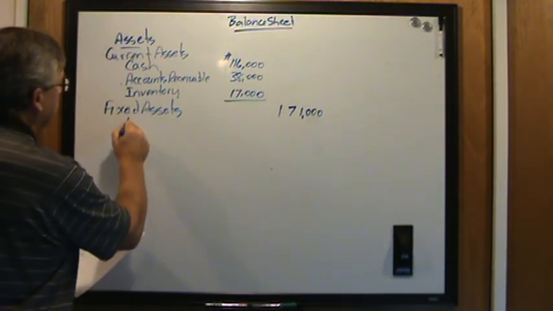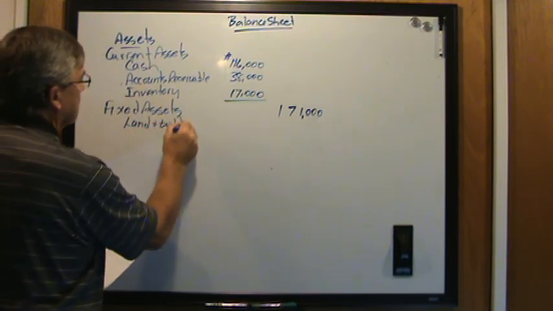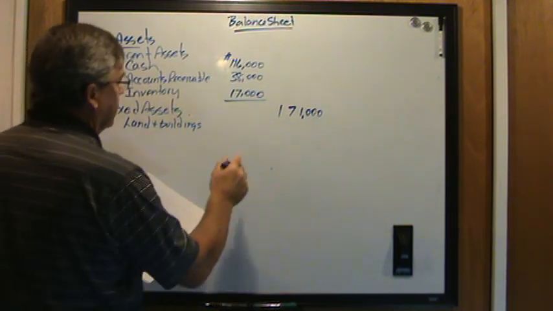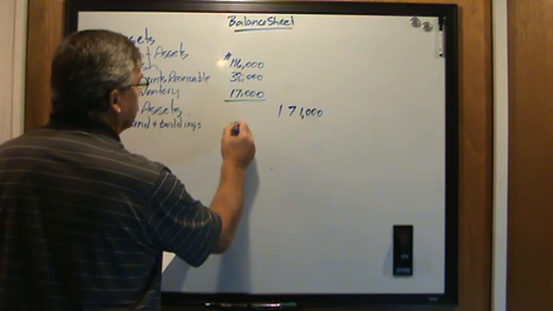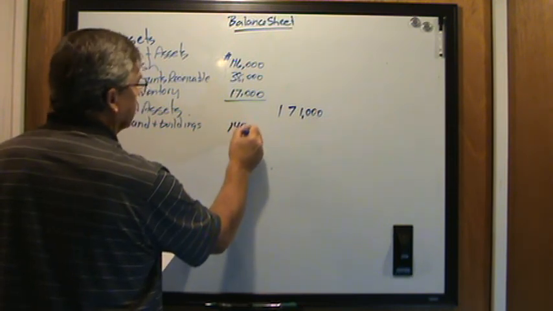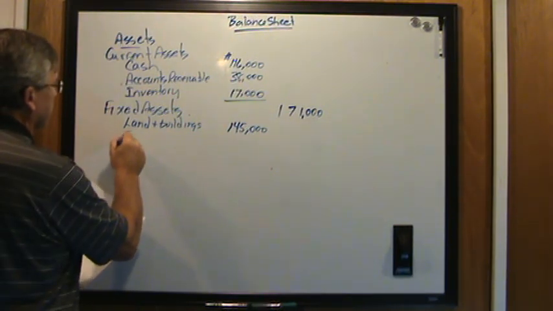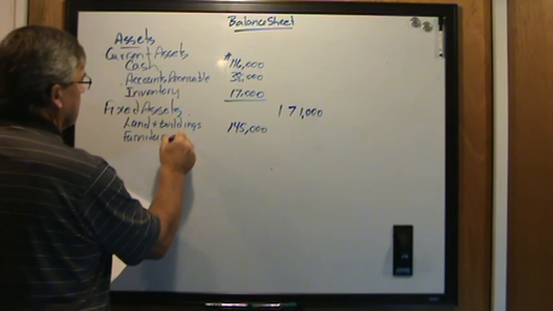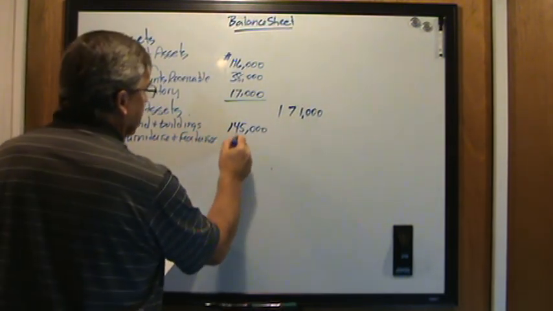Fixed assets. Put land and buildings first. And there was no change to the fixed assets, or to land and buildings. They're still at 145,000. We have furniture and fixtures, also no change.